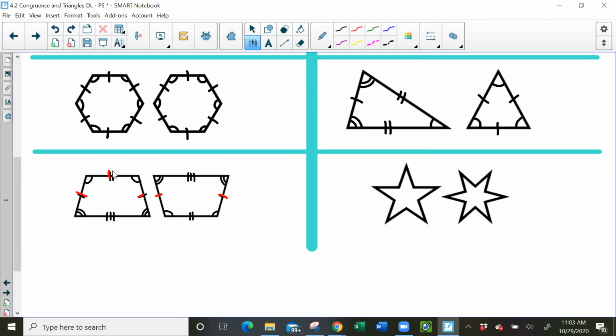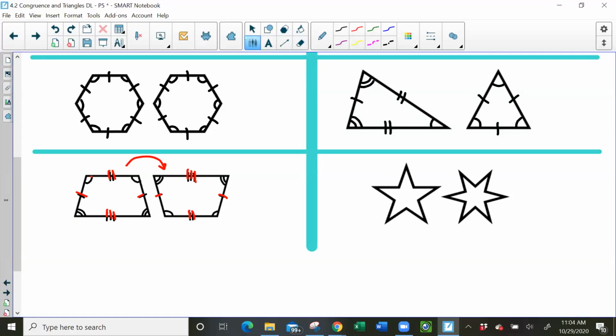The top of this trapezoid, the first trapezoid on the left, is congruent to the corresponding side of the other trapezoid that's on the right. Again, this second one has been turned upside down 180 degrees. It's just been rotated. So the top of this one corresponds to the bottom of this one. And you can tell because this is the shorter base, this one's the shorter base. And then the bottom of this one has the 3 tick marks, and that one matches up with this one. And those are corresponding sides and they're congruent.